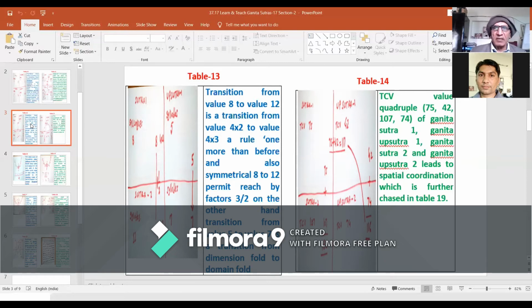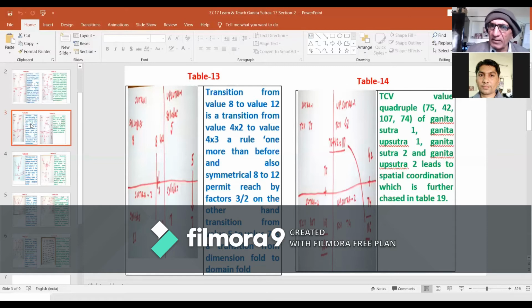Table 14 is a step ahead. It is taking into consideration the TC values of these quadruple hymns. Ganita Sutra 1 leads to TC value 75. Ganita Sutra 2 leads to TC value 74.